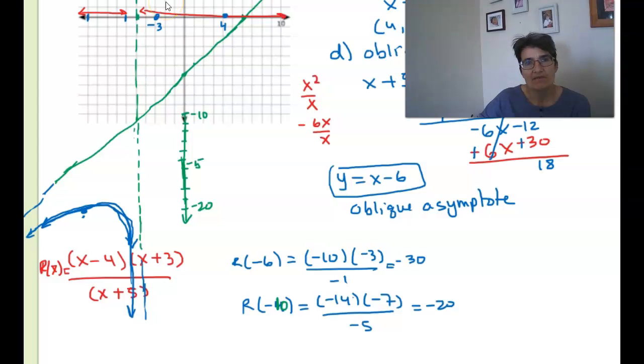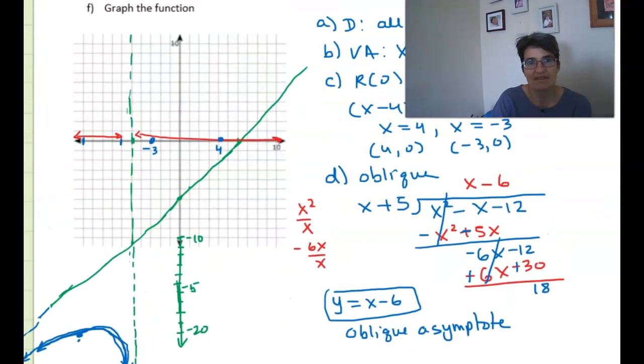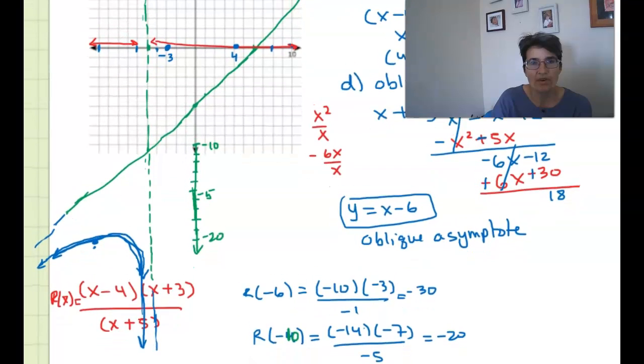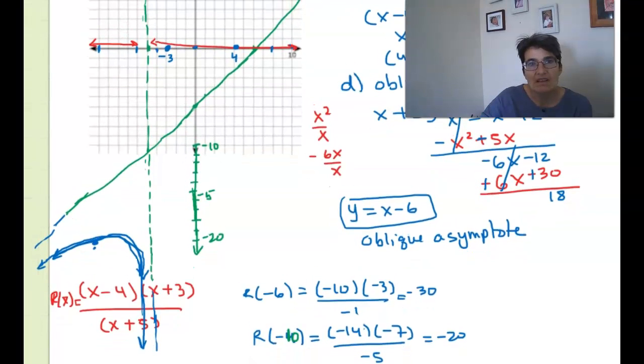Alright, now in this region, past this vertical asymptote of -5, let's pick a -4. Okay, so that's what it looks like so far. There's the x-intercept and there's the x-intercept.